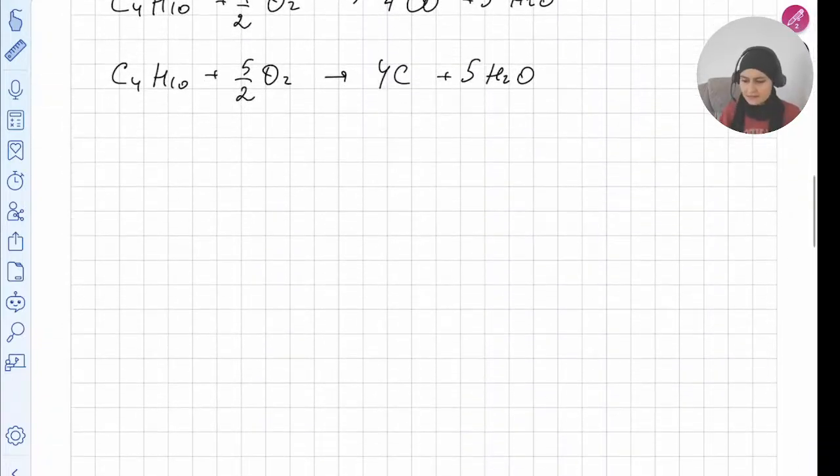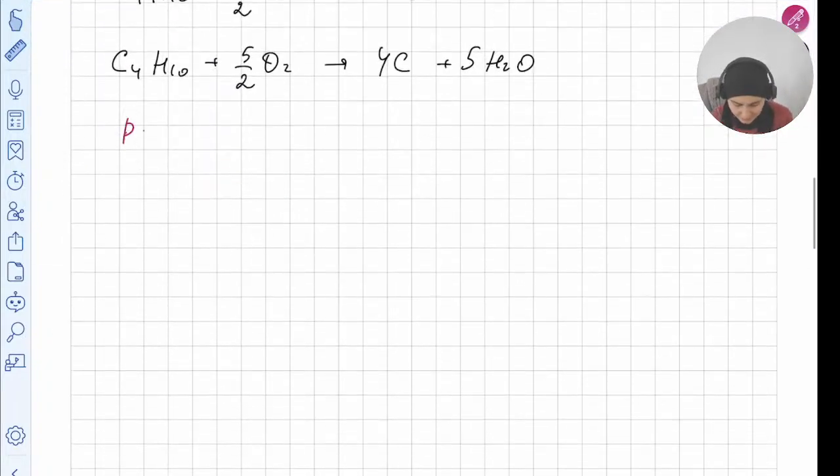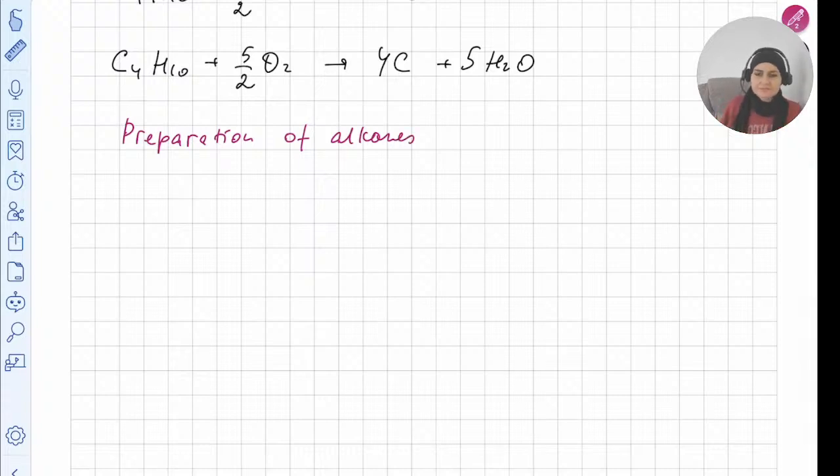Now let's see the preparation. So now preparation of alkanes. Okay, first method to prepare alkanes is hydrogenation of alkenes. So you add hydrogen to alkenes.